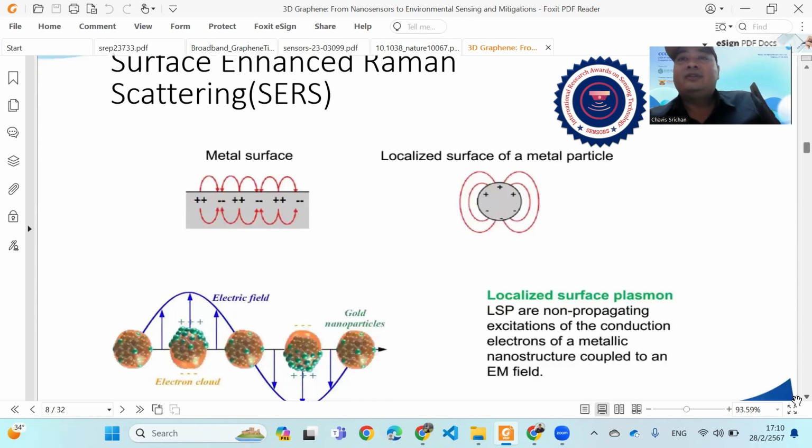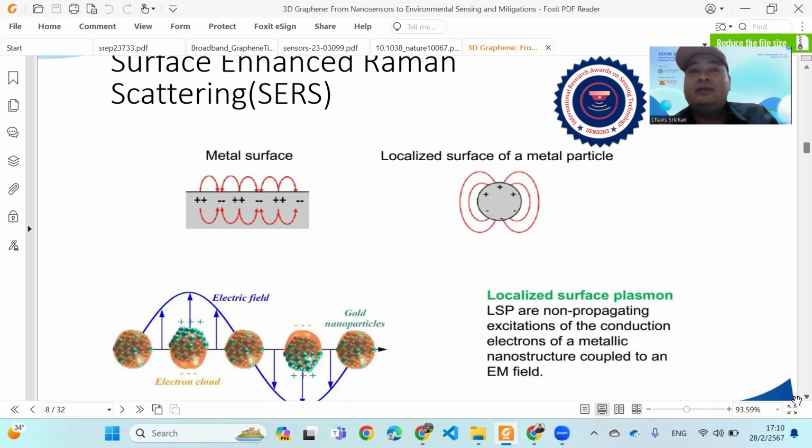And of course, if you excite nanoparticles with laser light or an electromagnetic field, and you can confine this energy to a small volume, then you can amplify the electric fields. The effect that occurs is the oscillation of the electrons in the nanoparticle. We call it localized surface plasmon.